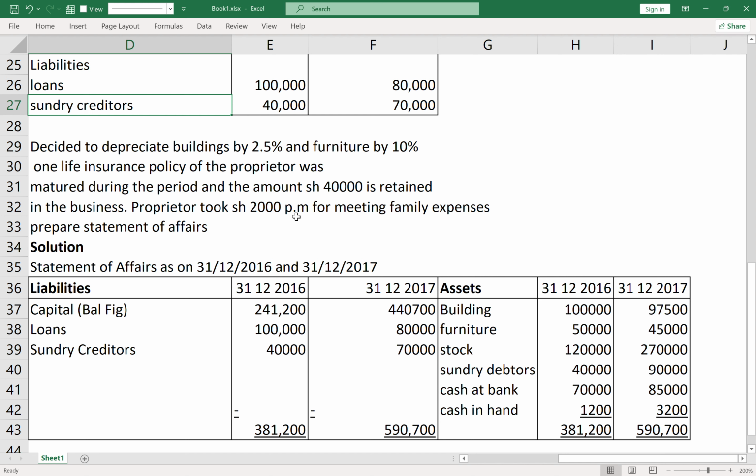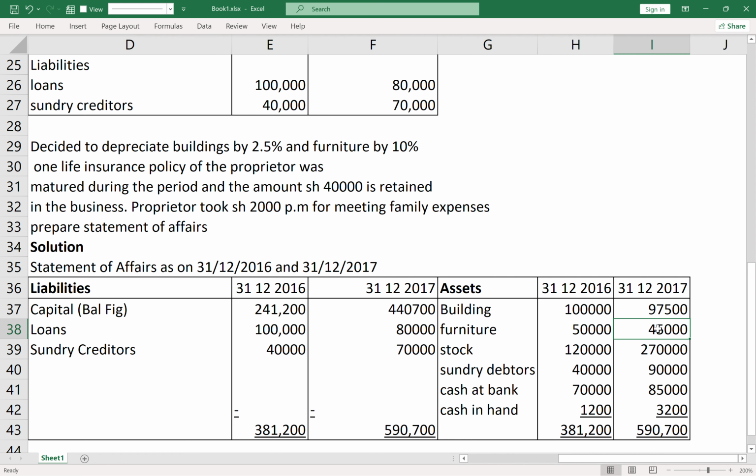So the 2.5% multiplied by 100,000, you're going to get 2,500. Then you subtract it from the 100,000. You get 97,500. Then you have to get the 10% of 50,000, which is 5,000. You subtract, you get 45,000.